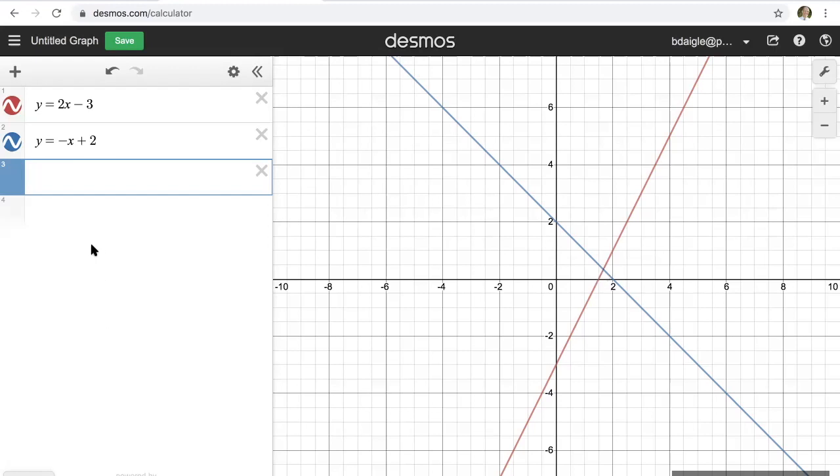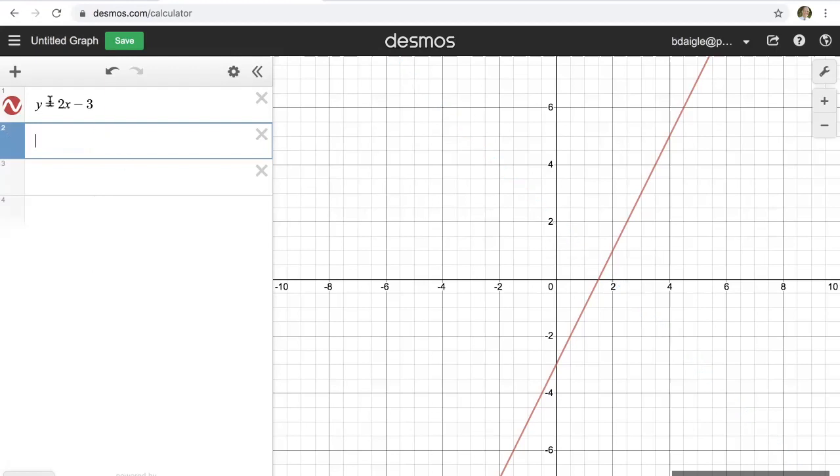Now, let me give you an example of a dependent system. If I were to take this equation, y equals 2x subtract 3, and I were to multiply both sides of the equation by 2, I would get 2y on one side. And then 2 times 2x is 4x, and then -3 times 2 is -6.